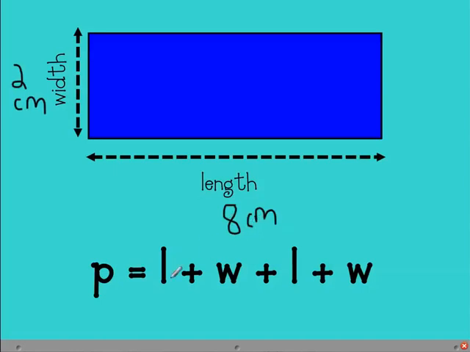So I know that length is 8 centimeters, so I'm going to say perimeter equals 8 plus width plus 8 plus width.